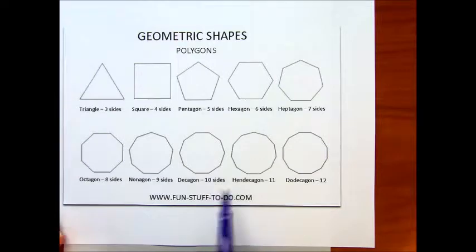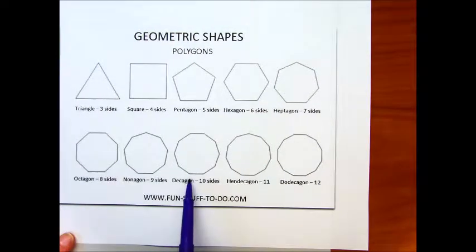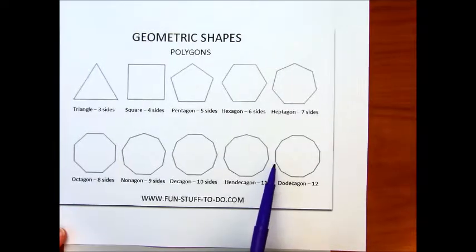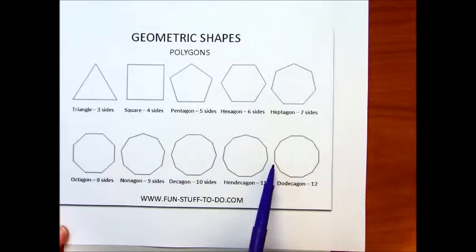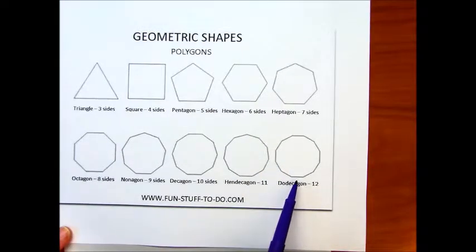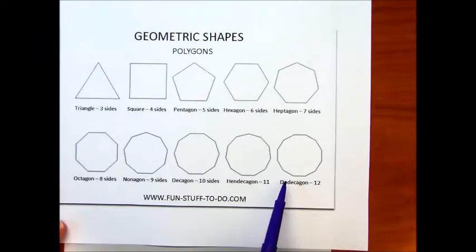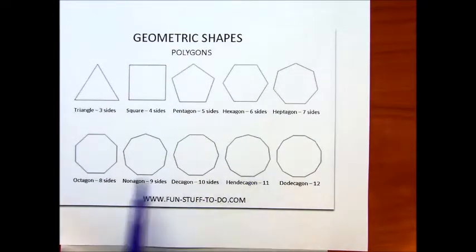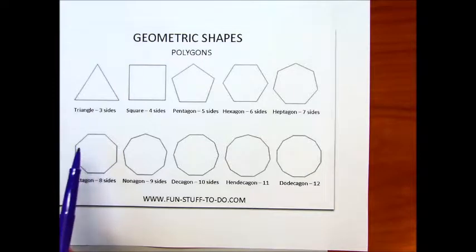Now notice as we get to the figures that have more and more sides, it kind of looks like the line segments are smaller and smaller, kind of giving it an illusion that it's rounded, but it's not. They're all made out of line segments. The other thing you want to take note is that they're all closed systems. There's no openings.